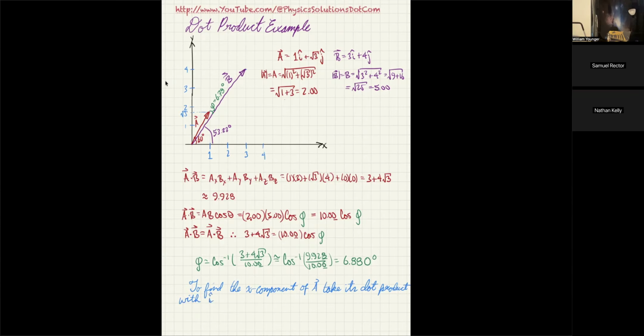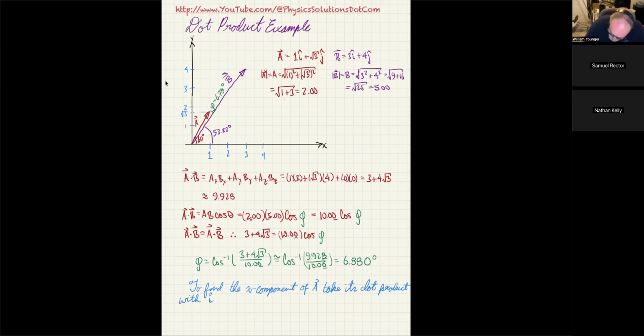Now, if you took it with just any vector in the x direction, it's going to be convoluted because it's going to have the magnitude of that vector in the x direction as well in it. But if you take it with an I hat, then the magnitude of the vector that points in the x direction is just one, so it's not going to harm anything.